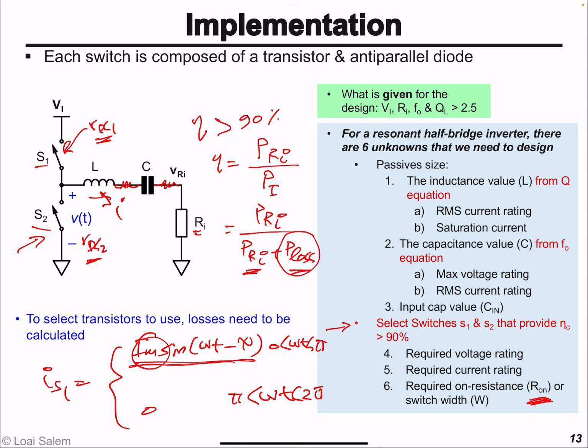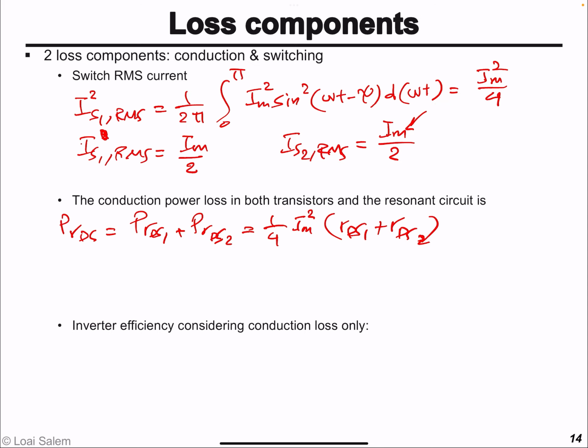And if we assume that we are using identical transistors for S1 and S2, then they will have the same RDS value. And so this expression will give us 1 over 2 Im square RDS. So for identical transistors, RDS1 is equal to RDS2 is equal to RDS.